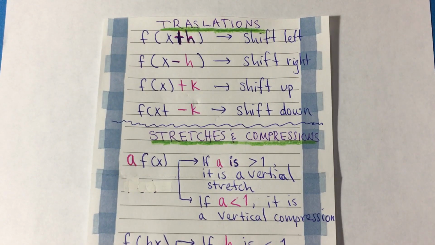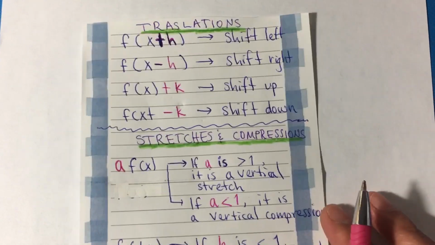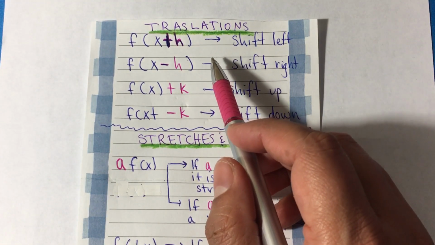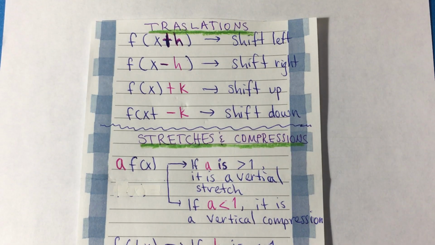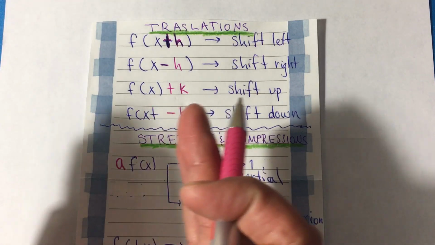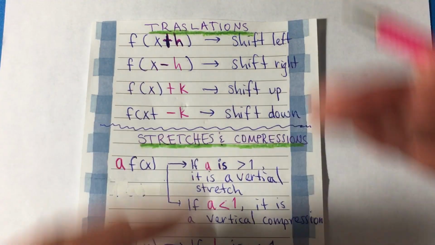Also, before we start, we need to review some of the rules that we have learned in previous videos, but if this is something new to you, we're going to continue to see them, and in this lesson and the next one, we'll use these notes. So for translations, it means that it translates from one side to the other, or up or down.